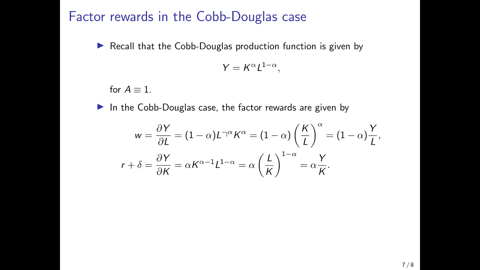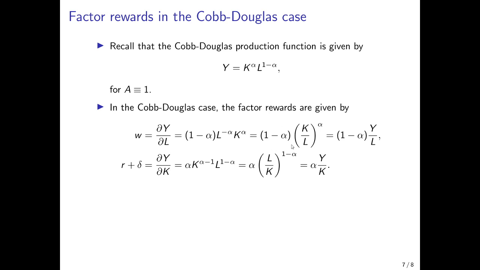So here we have L to the power of minus alpha, and we have K to the power of alpha, but that's the same as writing K divided by L to the power of alpha, because if we multiply the exponent by minus 1, that's the same as taking 1 over the variable itself.